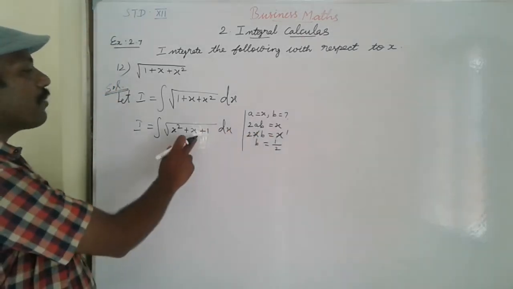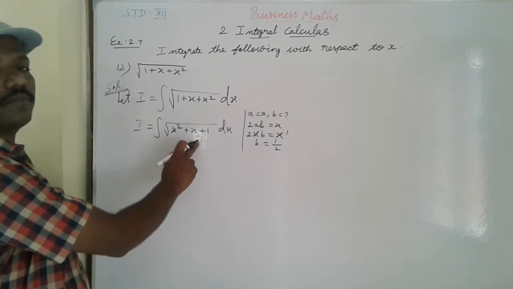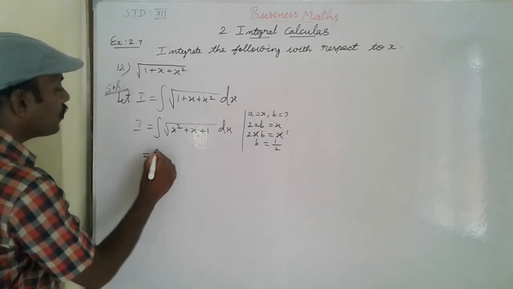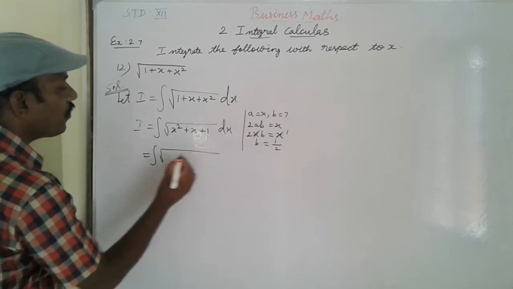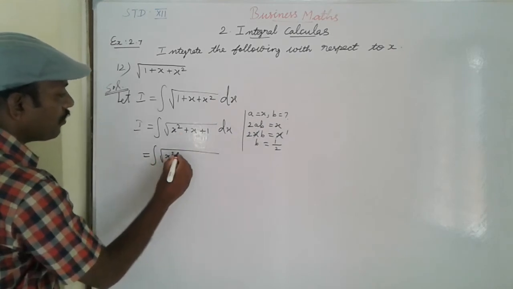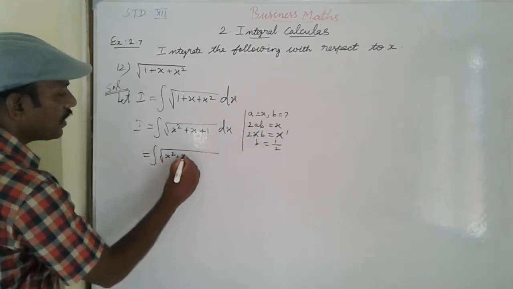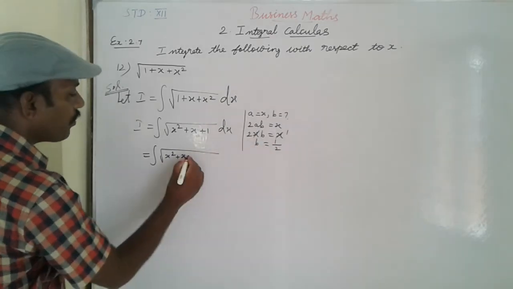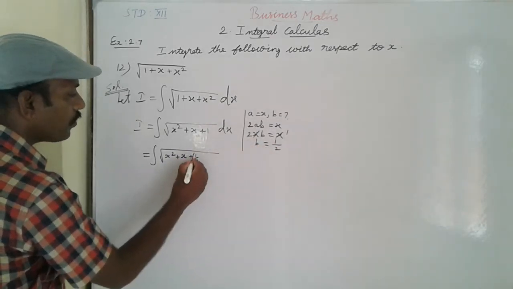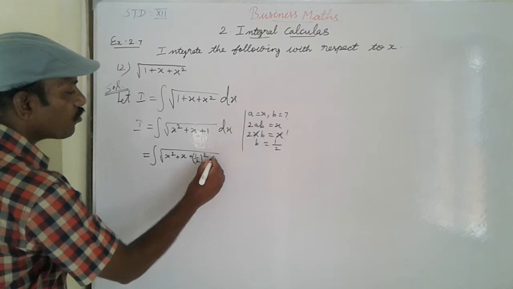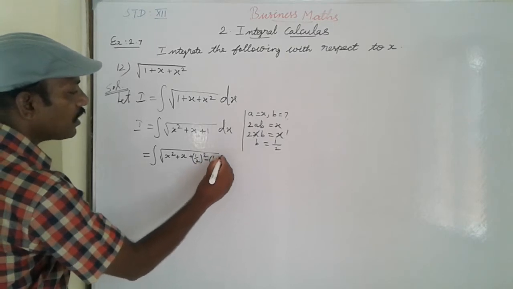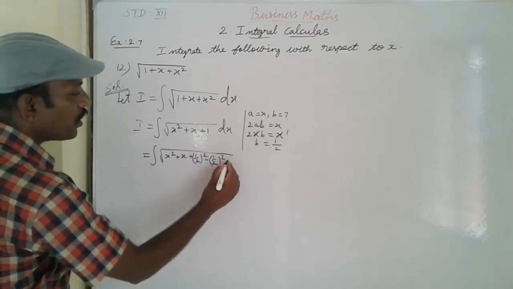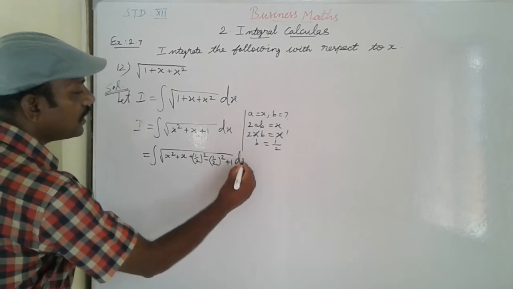We should add and subtract 1 by 2 whole square. So that is equal to integral square root of x square plus x plus 1 by 2 whole square minus 1 by 2 whole square plus 1 into dx.